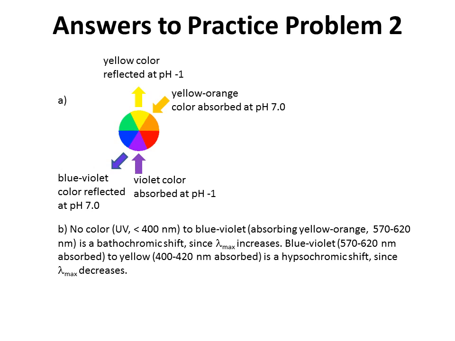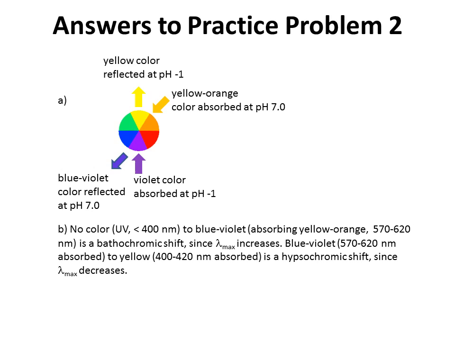In part B, the compound with no color is absorbing the ultraviolet region, less than 400 nanometers, and that shifts to blue-violet, which means it's absorbing yellow-orange light, 570 to 620 nanometers. That's the sum of the two wavelength regions for yellow and orange.